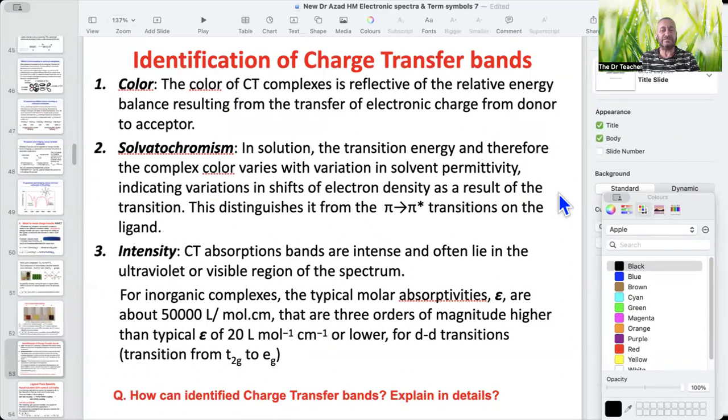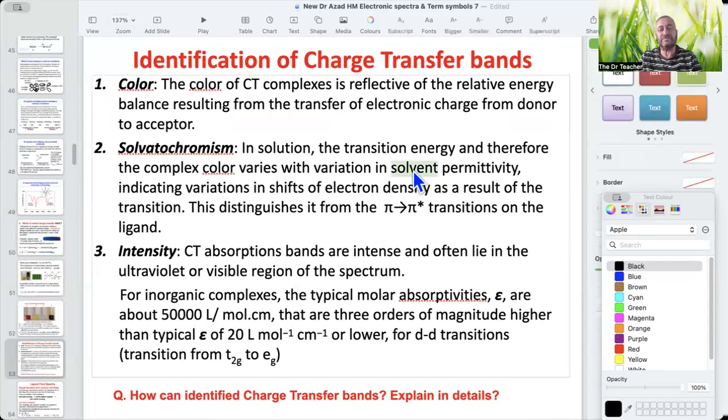Solvatochromism: in solution the transition energy, and therefore the complex color, varies with variation in solvent. So this is due to solvent. They call it solvatochromism. If you change the solvent, maybe there is a change in the charge transfer.